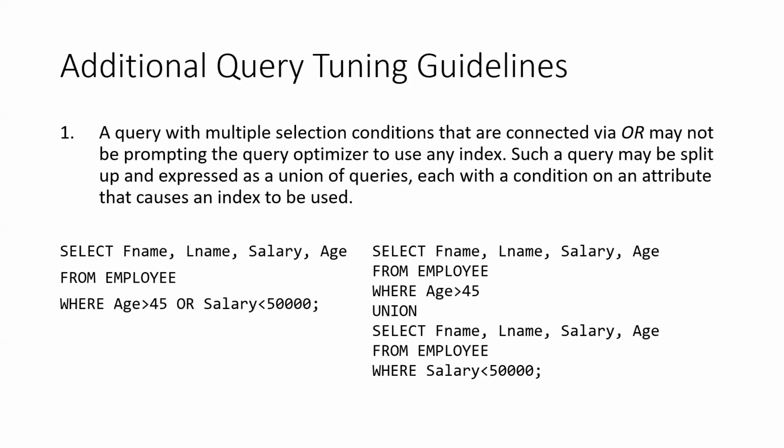In this particular case, we are going to get the first name, last name, salary and age from the employee table. And we have two conditions: we check whether the age is greater than 45 and salary is less than 50,000.